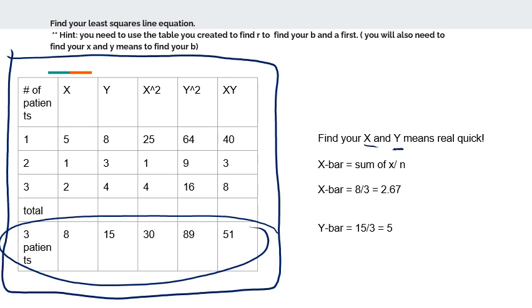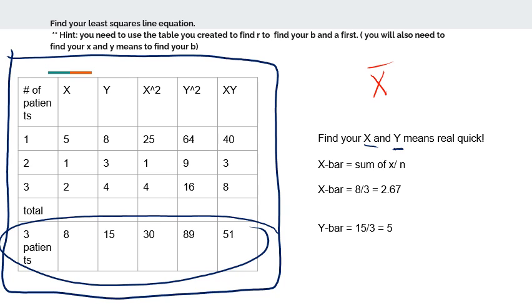In statistics, the mean is usually written with a bar, called x bar or y bar. Given that it's kind of difficult to write equations in PowerPoint, I wrote them out as x bar and y bar.